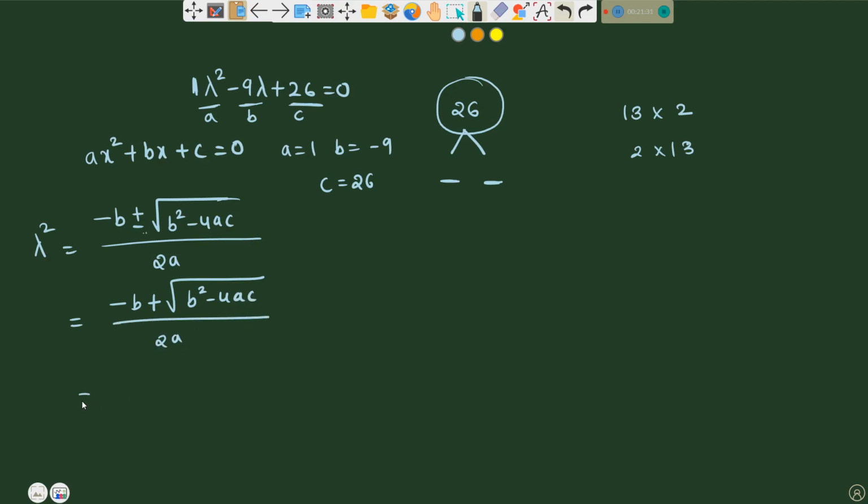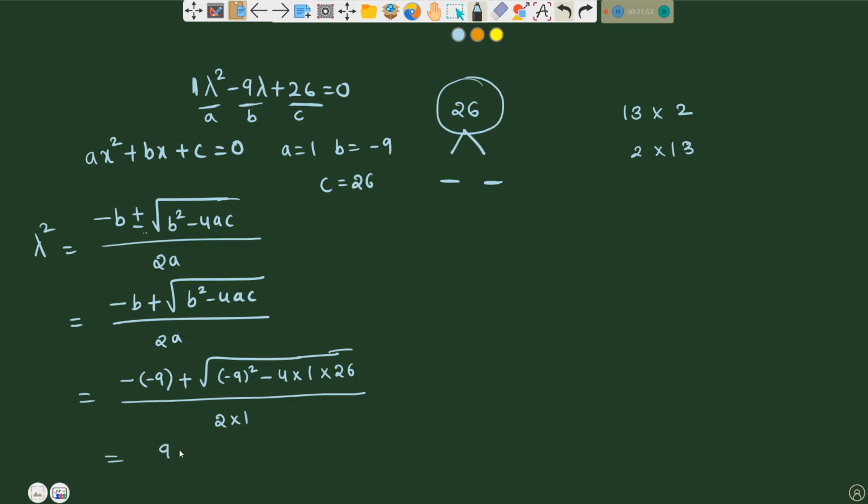Minus b is minus of minus 9, plus under root 9 square minus 4 into a, a is 1, c is 26, divided by 2 into 1.